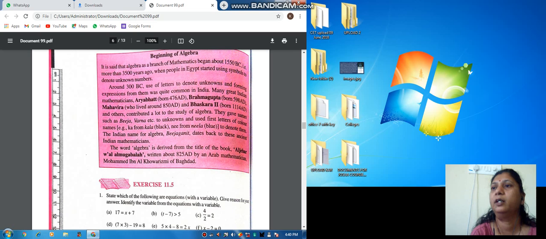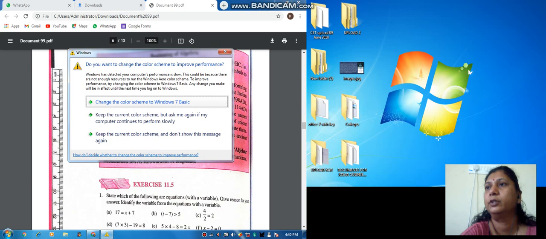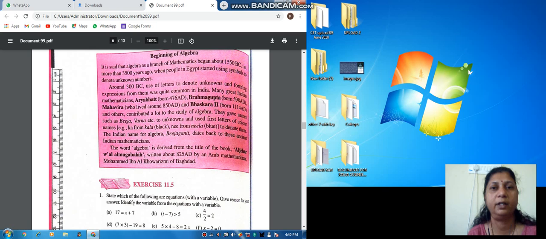They gave names such as Bija, Varna to the unknowns, using the first letter of a color name: Ka from Kala, Ni from Nila. The Indian name for algebra is Bijganit. If we don't know something, we give it a name in our local language. So Indian mathematicians gave variable names just like ka for kala and ni for nila.